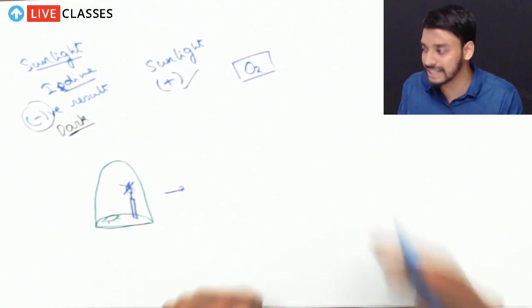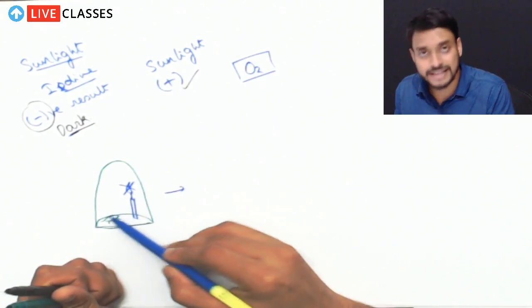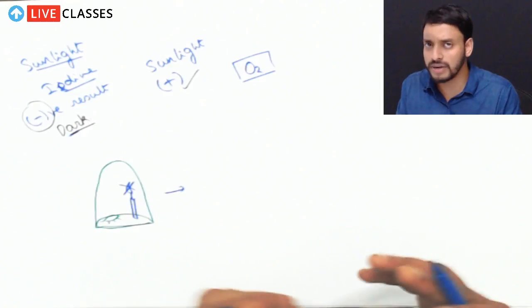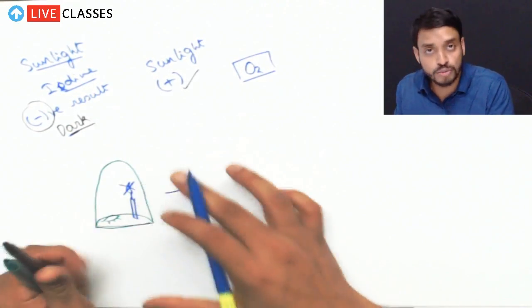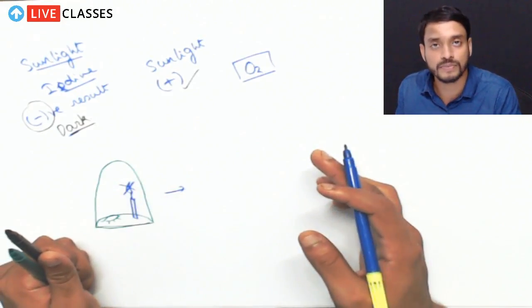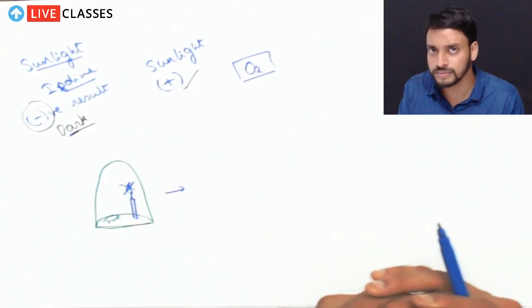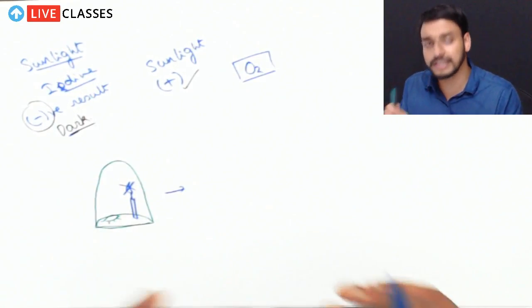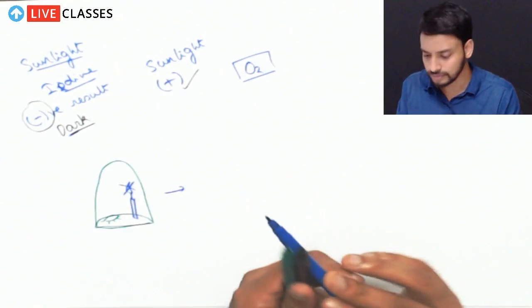But slowly and steadily, the burning of this candle as well as the mice, this animal, has perhaps given out certain poisonous gases which started accumulating here and which cannot escape, because of which it died. Can this be a conclusion? If yes, actually Priestley himself also concluded the same thing.